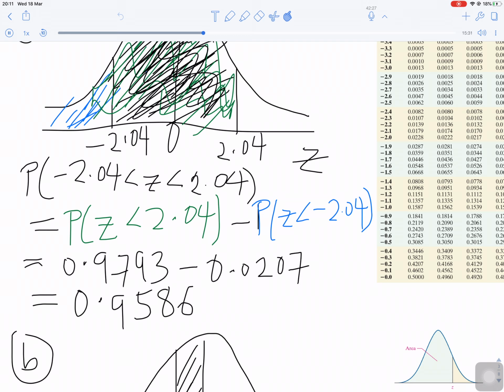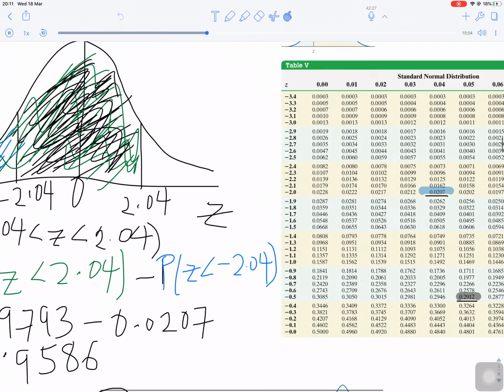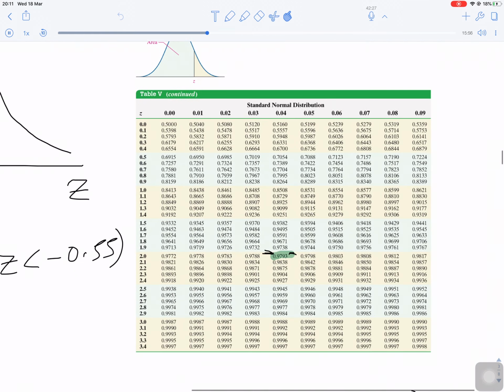Writing that mathematically, that means probability of z being less than 2.04 minus probability of z being less than negative 2.04. The probability that z is less than positive 2.04, we find in the table that has the positive z values, and that gives us 0.9793.